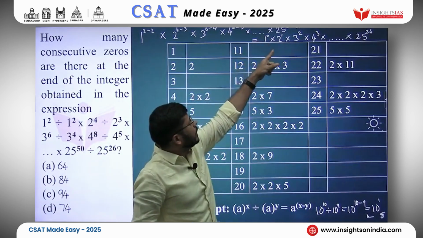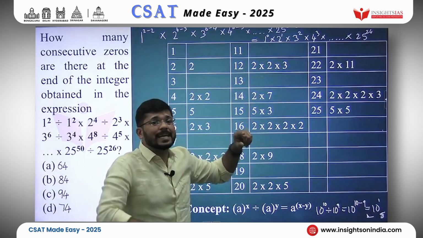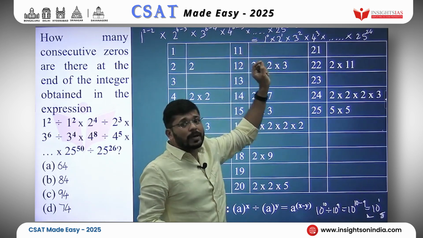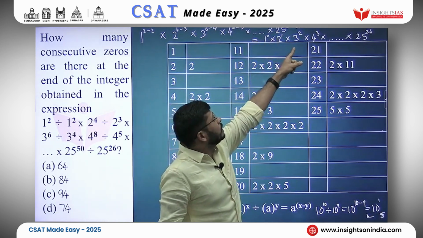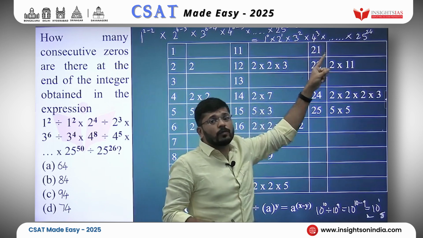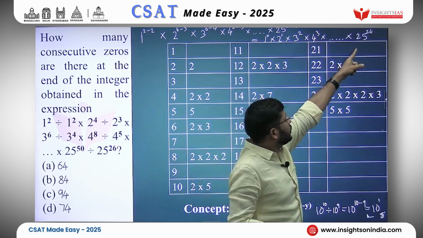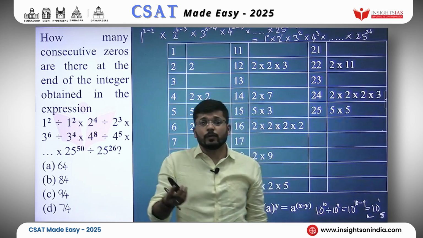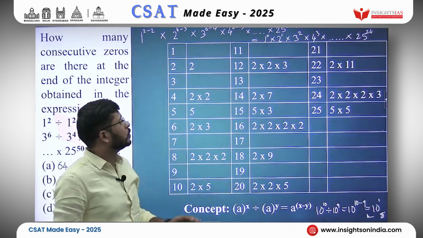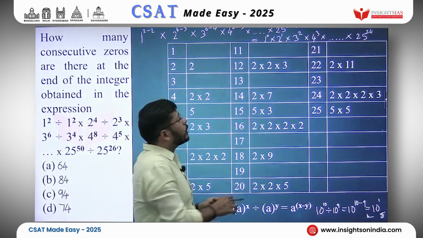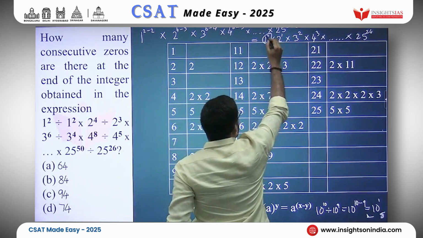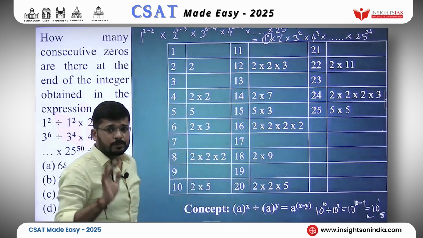Each number is being raised to 1 less than itself: 1 to the power of 1 minus 1, 2 to the power of 2 minus 1, 3 to the power of 3 minus 1, 4 to the power of 4 minus 1, and ultimately 25 to the power of 25 minus 1. And remember one thing, 1 to the power of 0 is 1. It is not 0.